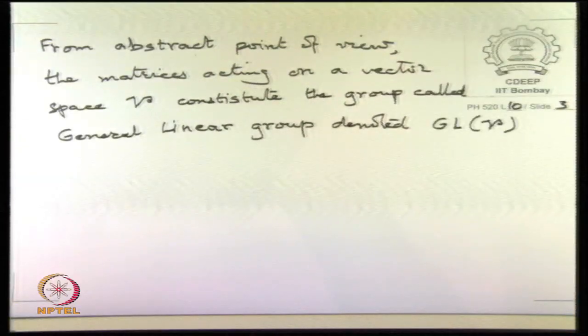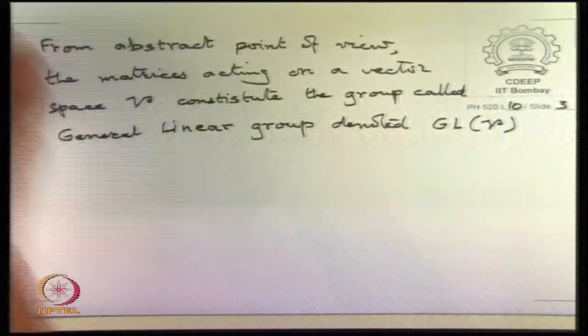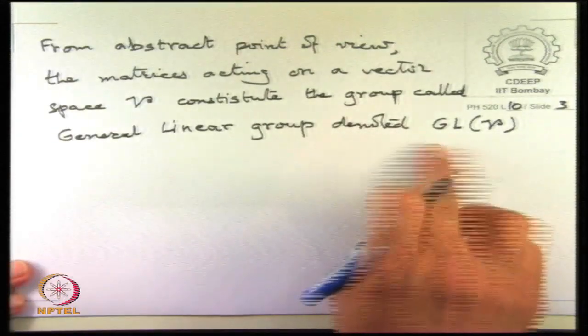So there are special cases of this. In practice we use this notation GL of V.